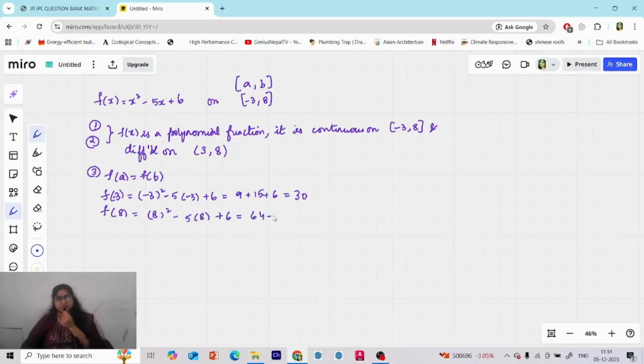So 64 minus 40 plus 6. 64 plus 6, 70. 70 minus 40, 30. So you do see that f of minus 3 is equal to f of 8. So from conditions 1, 2 and 3 we can say that f of x satisfies Rolle's theorem. Okay, very simple.